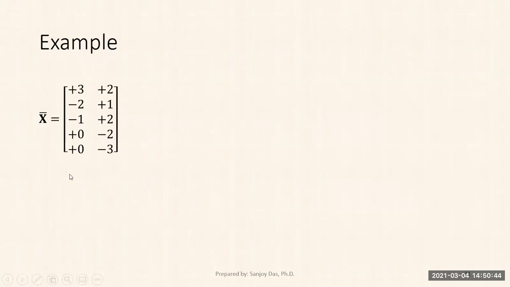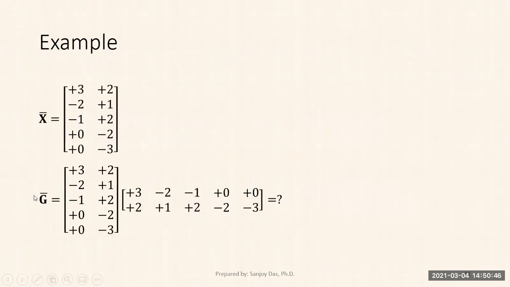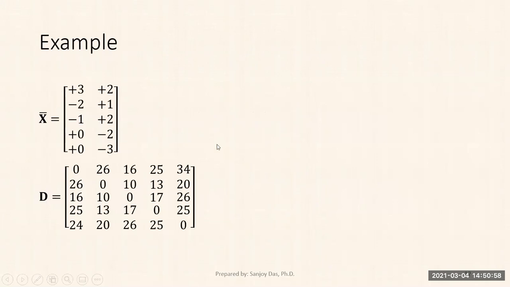And here's an example. X bar is this. This is the centered data, and this is the centered Gram matrix, G bar. This is what we'll get, a 5 by 5 matrix here. And the distance matrix is completely different from the Gram matrix. In fact, the diagonal elements of the distance matrix will be 0, since these are the squared distances.